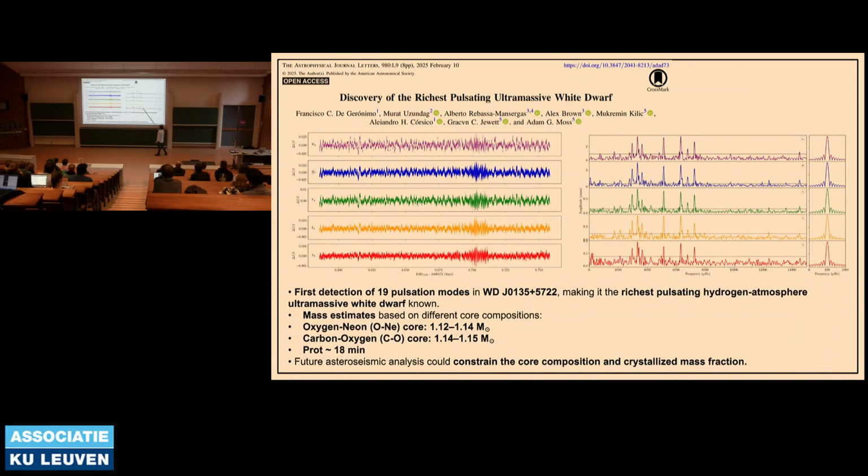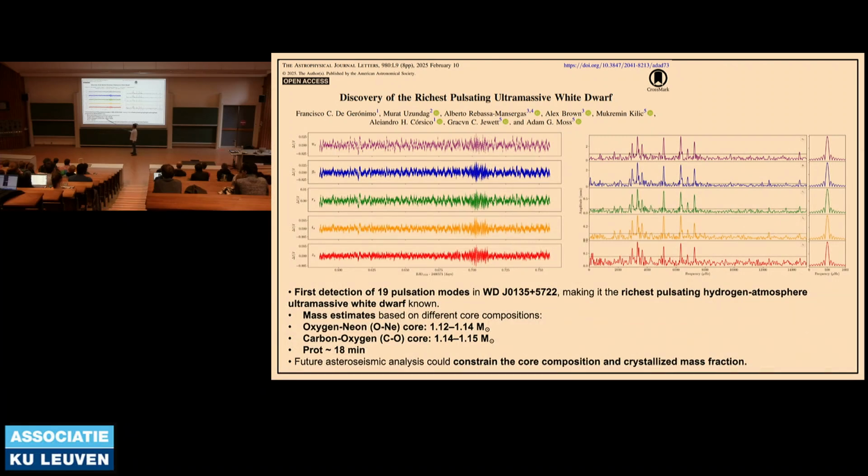As you can see, here are the nice gravity modes. We couldn't do a detailed seismic analysis for these stars. We just derived the masses based on the evolutionary tracks. There are basically 2 models available because, as I told you, the internal compositions of these stars are also unknown, because they can be formed with either a carbon-oxygen core or an oxygen-neon core.